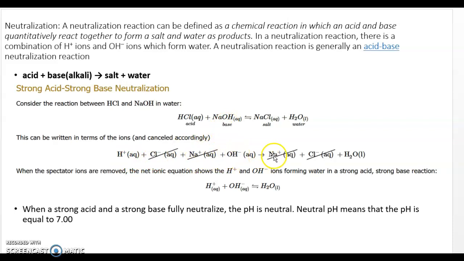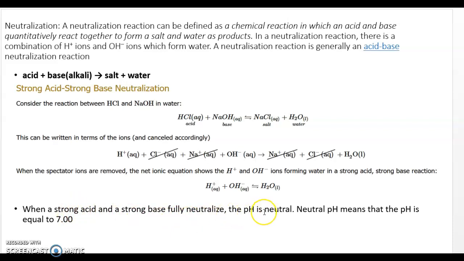It gives NaCl and water, so it is Na+, Cl-, and water. The Na gets cancelled, the Cl gets cancelled, and what you get is water molecules. When the spectator ions are removed, the net ionic equation shows H+ plus OH- forming water in a strong acid-base reaction. That is when a strong acid and a strong base fully neutralize, so it is a neutralization reaction.